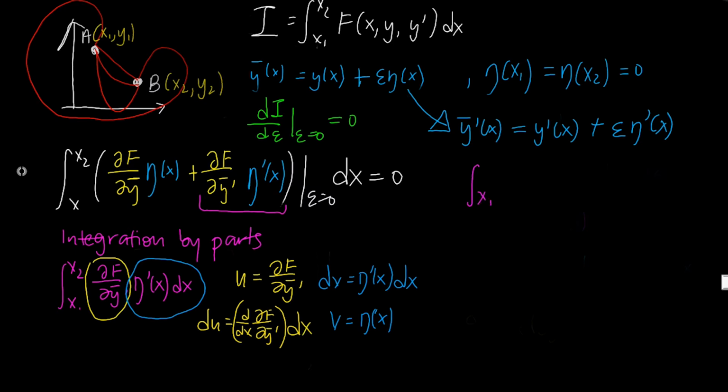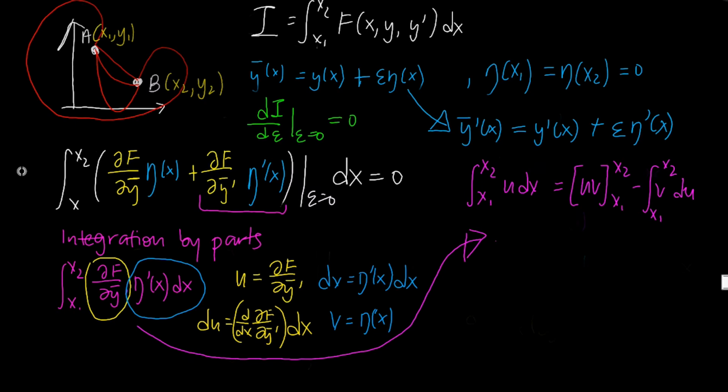Recall the integration by parts formula. It's basically a product rule formula but rearranged. Then, I'll substitute the appropriate functions. So this term will be uv, evaluated from x1 to x2, minus the integral of v du.